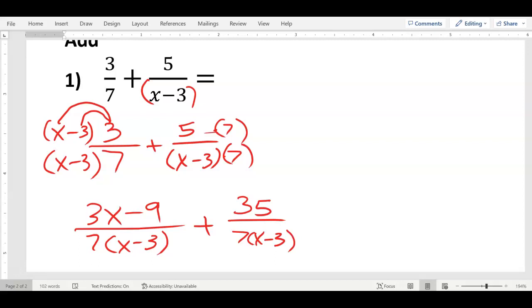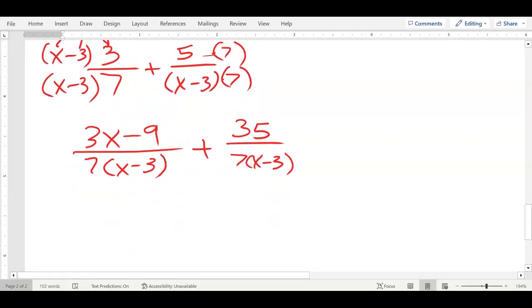Now, do our denominators match this time? So now I can add the top, the numerators. There is only one x here. So I'm going to bring that down, 3x. And then I got negative 9 plus 35. What's negative 9 plus 35? 26.